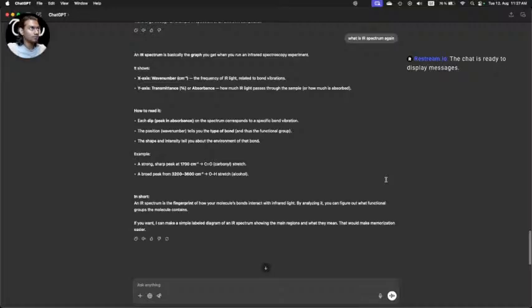The graph for infrared spectroscopy: x-axis, wave number per centimeter, the frequency of IR light related to bond vibration.